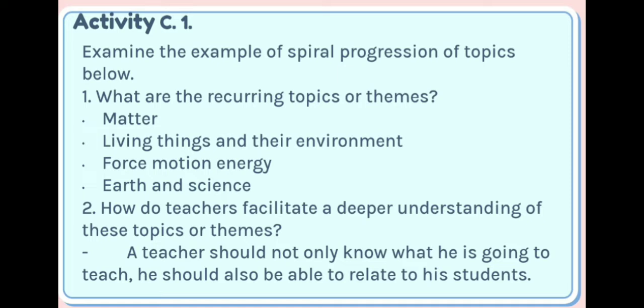And the third one is force, motion, and energy. When we say force, it is a push or pull acting upon an object as a result of its interaction with another object. It is an external agent which is capable of changing the state of rest or motion of a particular body.